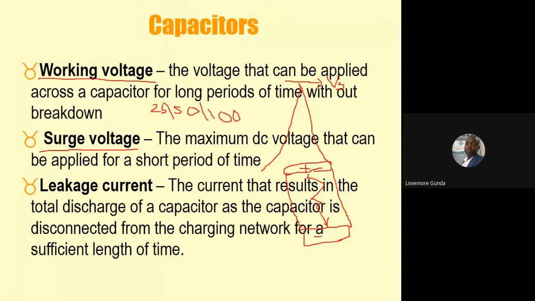So if your capacitor is disconnected for a certain amount of time, then this leakage current will slowly deplete the charges on the plates until your capacitor is fully discharged.